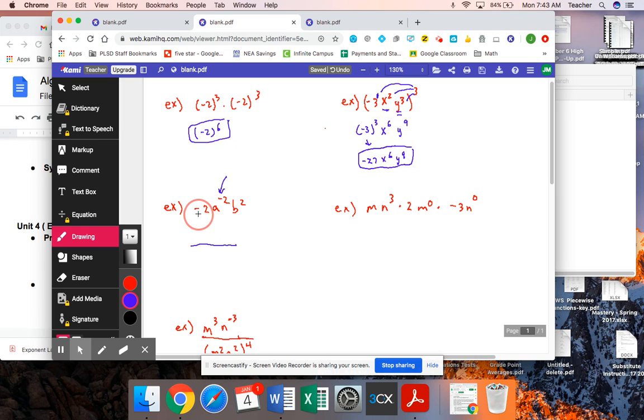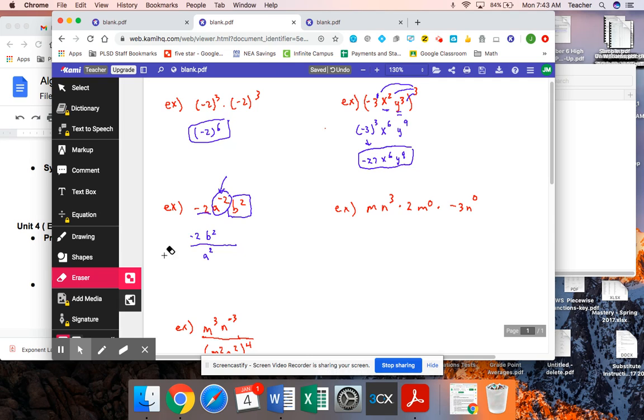First, is this thing right here going to go up or down? No, it doesn't move because my negative exponent doesn't exist here. So this -2 stays on top. Now this thing right here is a negative exponent. That tells me that goes to the bottom. Now it's positive. And then this b right here is not raised to a negative exponent. So that remains on top.